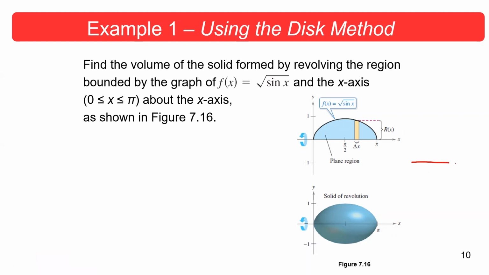Say this is the line that we are revolving it about. And then let's look at the yellow portion. Let's say this one. If I was to revolve this, it would have a certain thickness, right? That one.